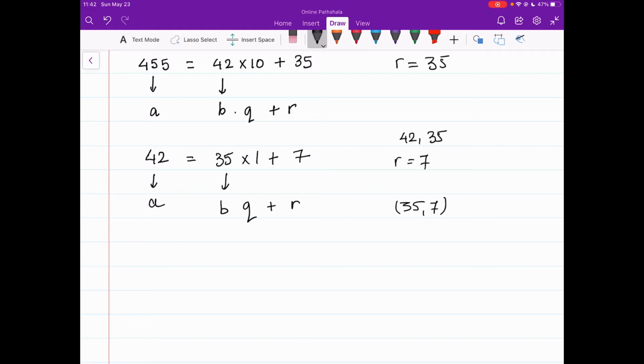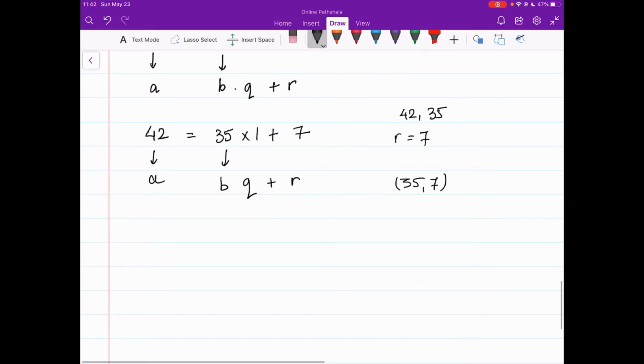Now the remainder is still not equal to 0, so we need to apply Euclid's division lemma to this pair of numbers. 35 is the bigger number, and the remainder becomes your B. So this is A, this is B, and we need to find Q and R. 7 times 5 gives us 35, and then the remainder is 0.